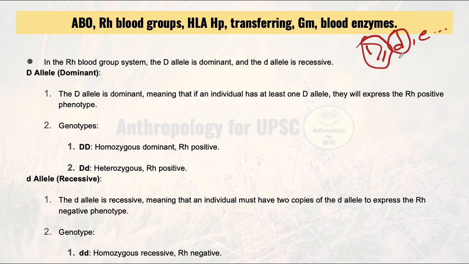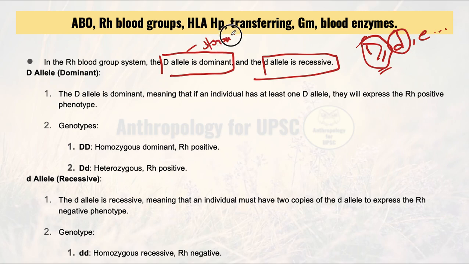Now ये जो आपका D होता है यही होने की वजह से पॉजिटिव क्यों होता है, because it is a dominant allele. ओके, ये आपने याद रखना है. And this smaller d is recessive, which is why ये अपना इम्पैक्ट उतना नहीं कर सकता है. When we say dominant, you can correlate it with strong, and when we say recessive, you can correlate it with weak. यानी कि D स्ट्रॉन्ग है and smaller d is weak.